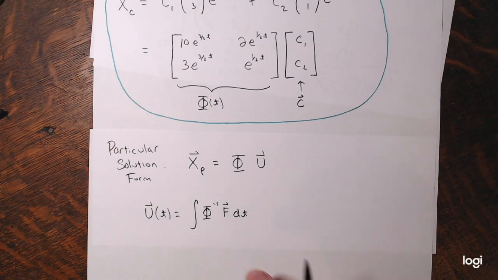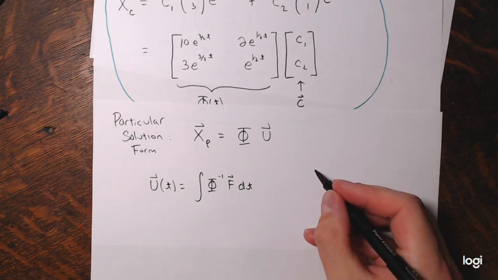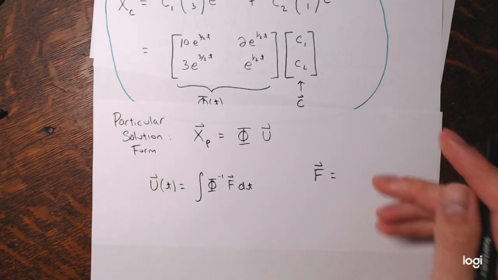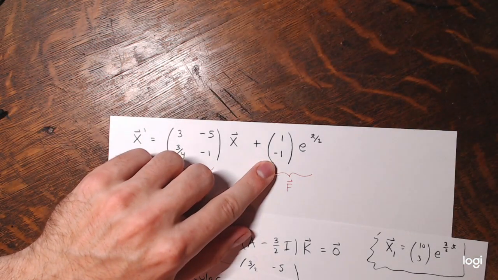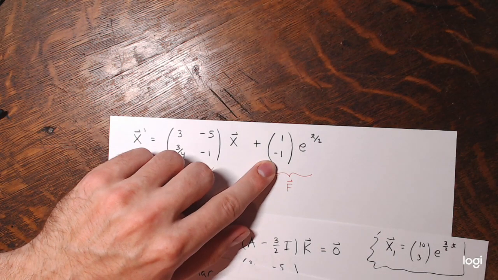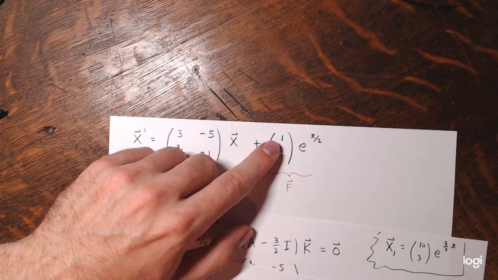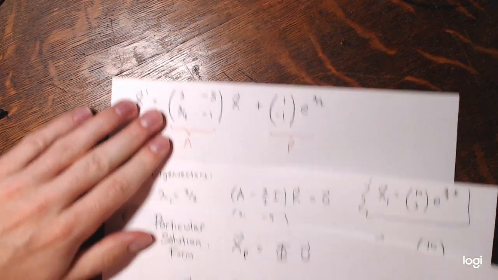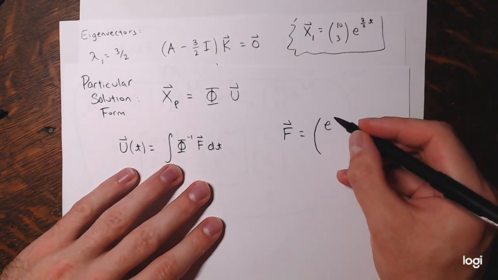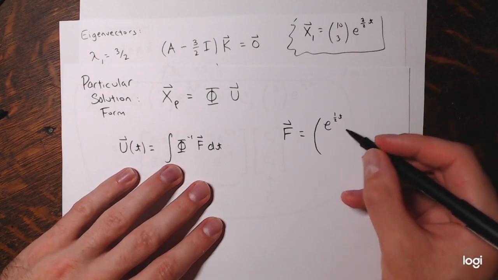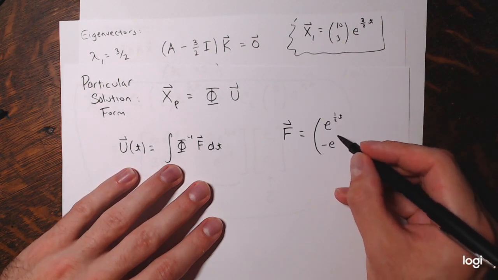All right, so I gotta go back and remember what f was. F was way back here. F was this vector. I'll write it as a single vector: e to the half t and negative e to the half t.